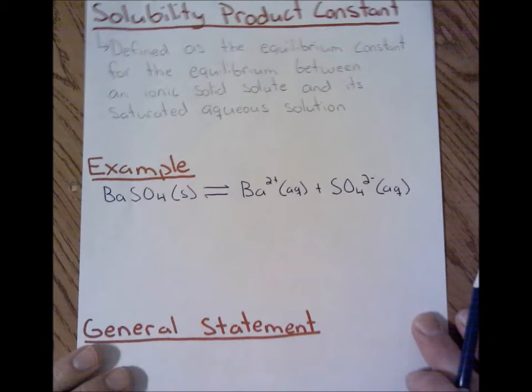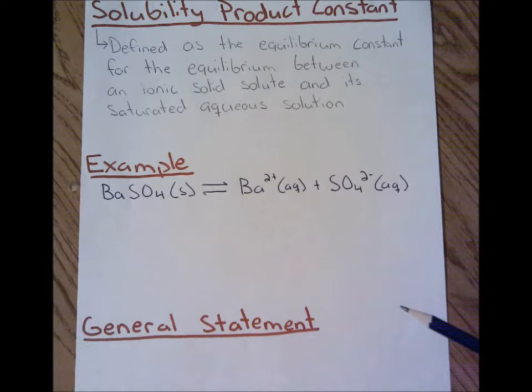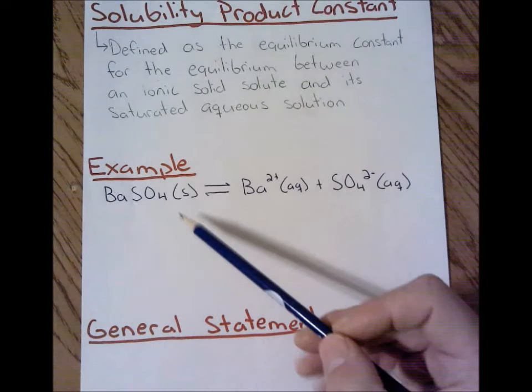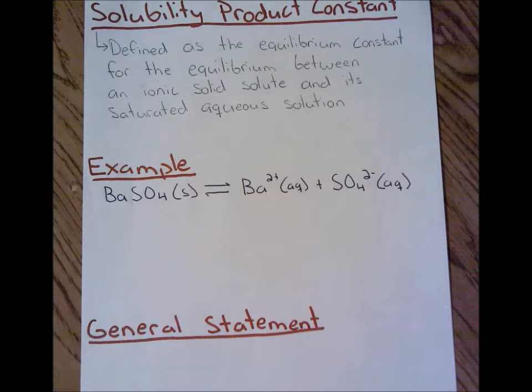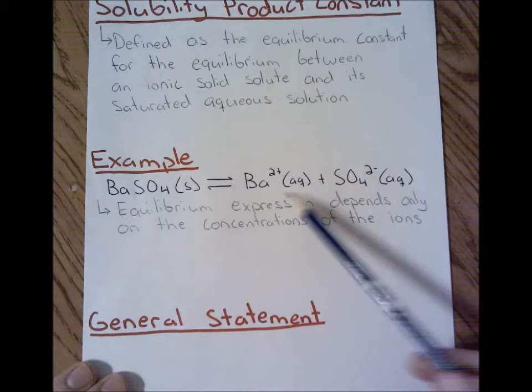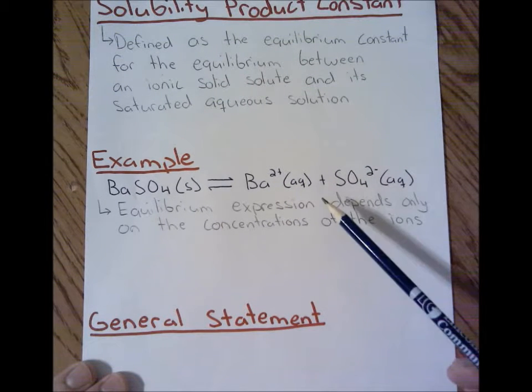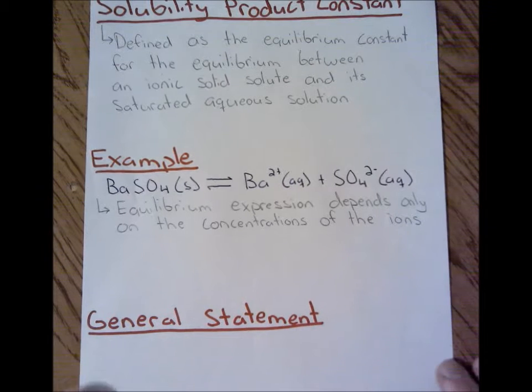So we start out here with just a couple of points, and then we'll actually write the solubility product expression for this. Number 1, because barium sulfate is a solid, the equilibrium expression depends only on the concentration of ions. So when we write our solubility constant expression, we're just going to be looking at these aqueous ions in solution, and that will become pretty clear when we write this expression.